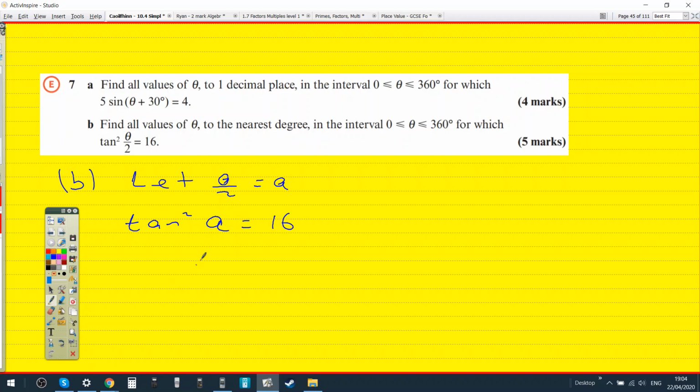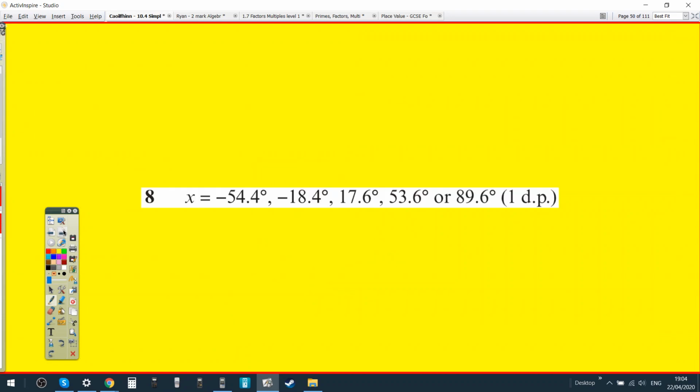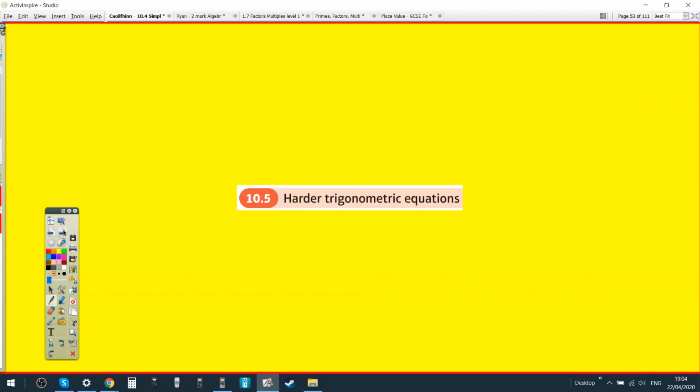There you go. That's all I was driving at. Yeah, you would square root both sides, plus or minus 4, and then you would solve from there. Great. So this method of let the difficult part be equal to A, do everything you need to do, and then swap it back again has been astoundingly successful. I think I stole that from some book, but who knows? I definitely didn't come up with that one myself.